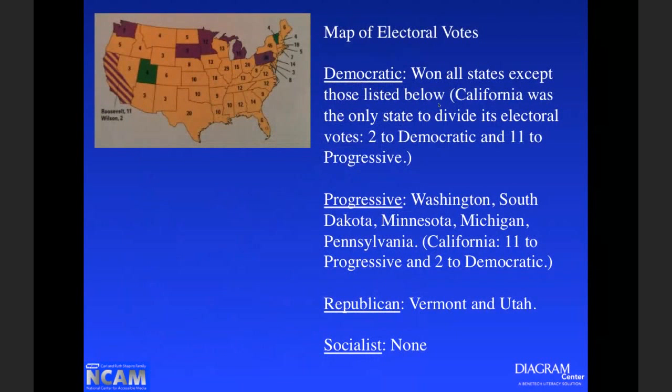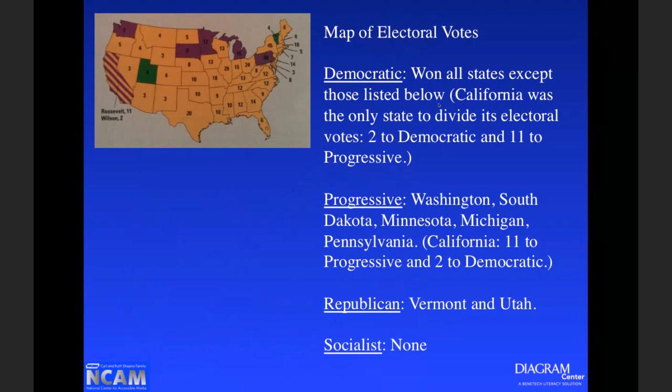So here we have a title, the map of electoral votes. Now, there's a general summary method you could use, breaking it down. Democrats won all states except those listed below. And then California was a special exception because it split its electoral votes. The Progressives won only a few states, so it's easy to list those.